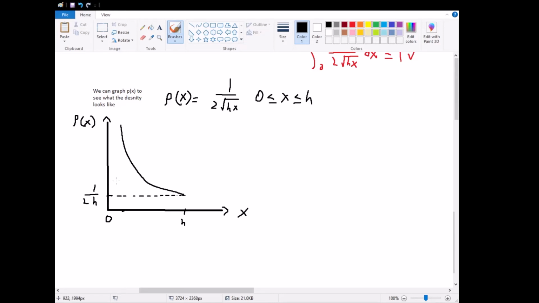Because remember, the probability of finding the rock at a specific value, such as this value or this value, is actually 0, because what we're finding is the area under the curve. So because of that, we say that there's a very high chance of finding the particle in this early interval here, and a very low chance of finding it somewhere out here in the outer interval.